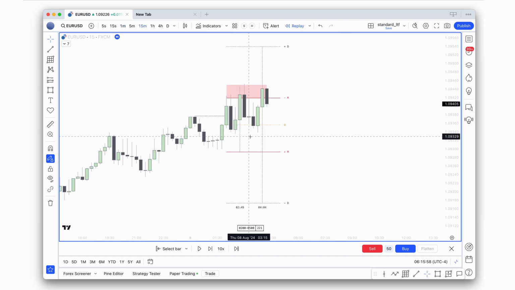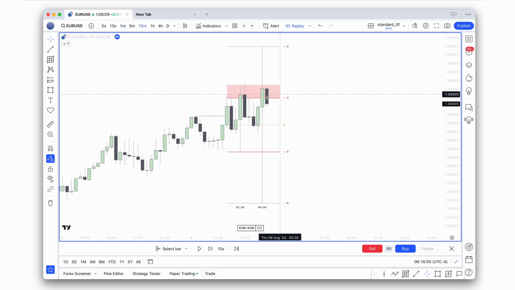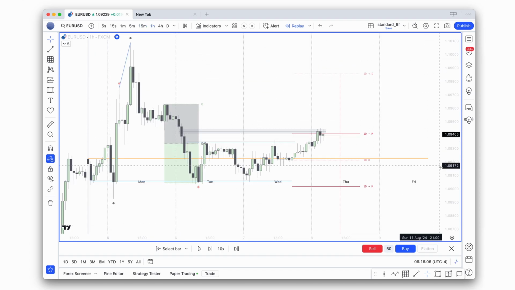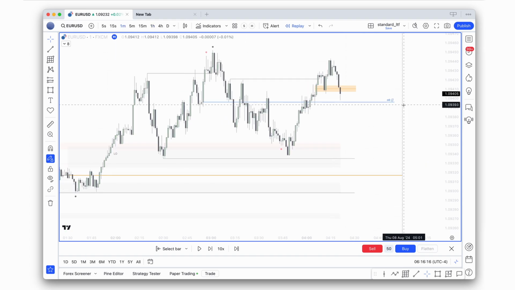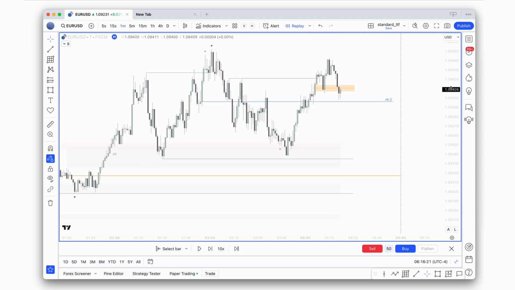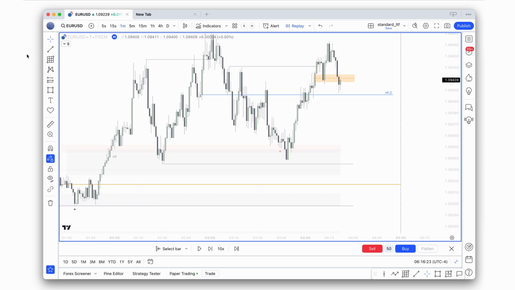And as you can see, we are still above this level. We have not quite surpassed it, so it's still intact, I would say. And we also have nicely respected that daily manipulation level. Okay, price trades back into that inversion level. We might even trade into this fair value gap, I'm not sure.